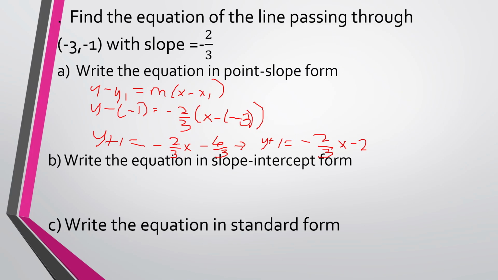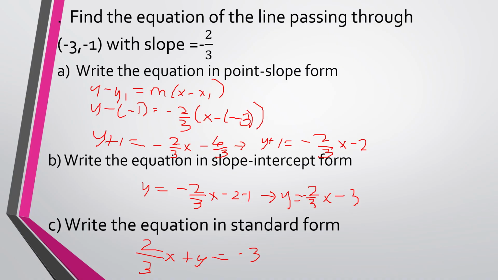So if we are going to write that in slope-intercept form, that's y is equals to negative 2/3 x minus 2 minus 1, or y is equals to negative 2/3 x minus 3. Now, in standard form, that will become 2/3 x plus y equals negative 3.